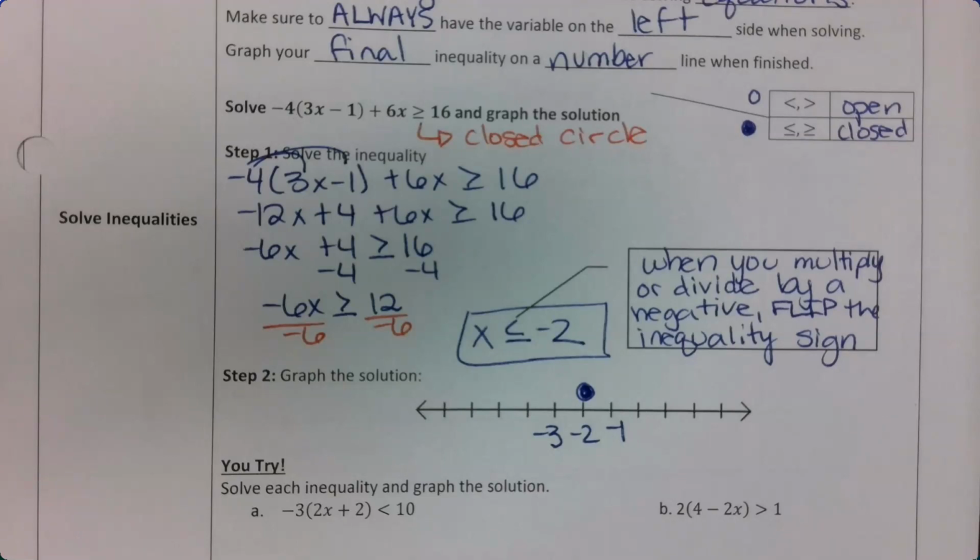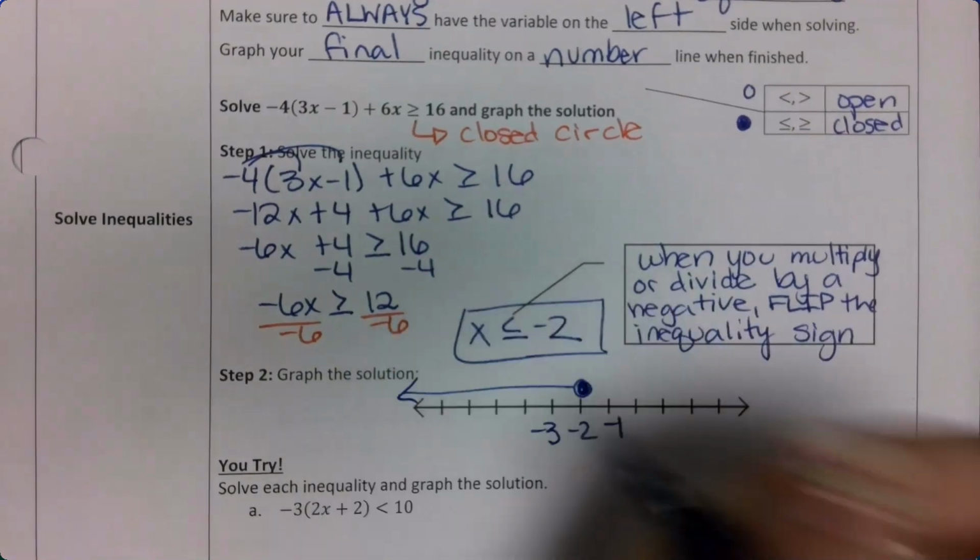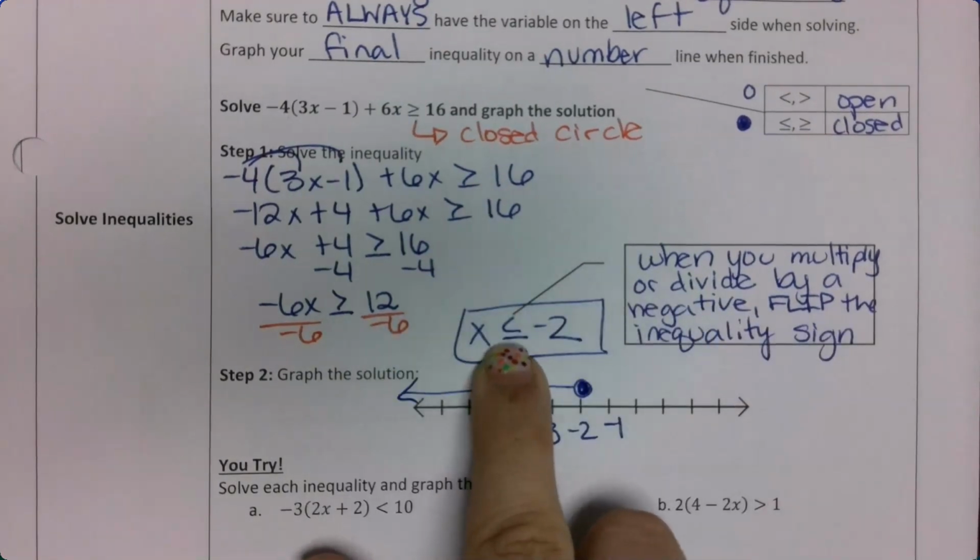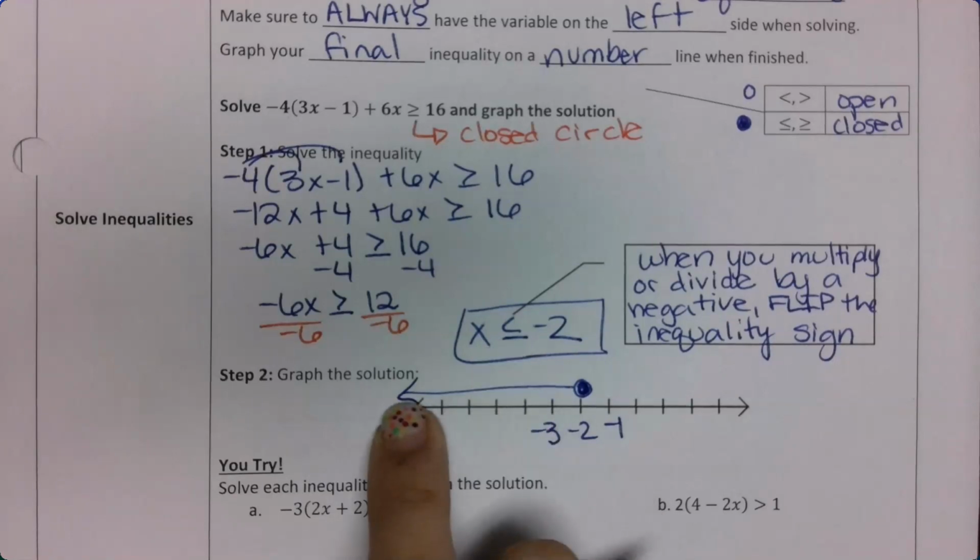Okay, so which way is my arrow going to go? To the left or to the right? It's actually going to go to the left. So if I look at the symbol, this is the reason I want the X on the left, because the symbol matches the way the arrowhead is.